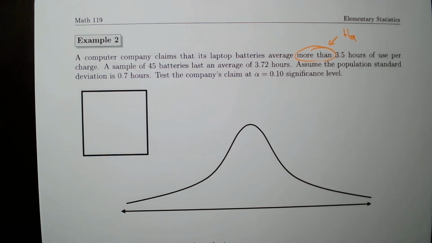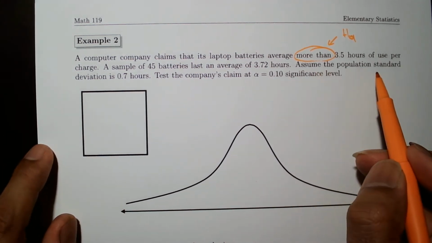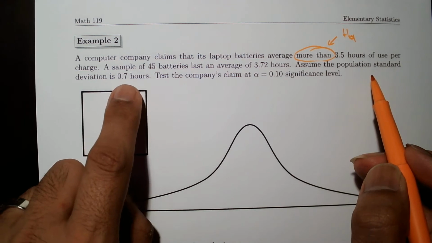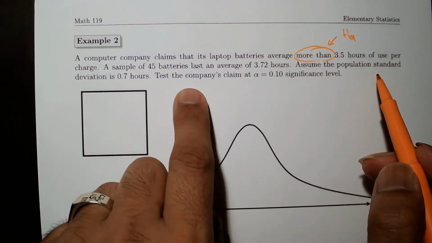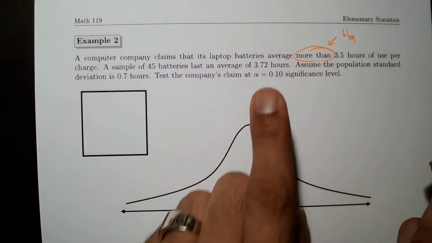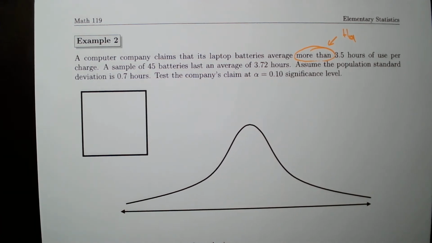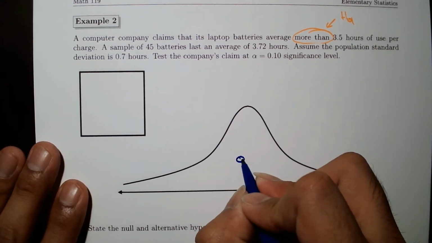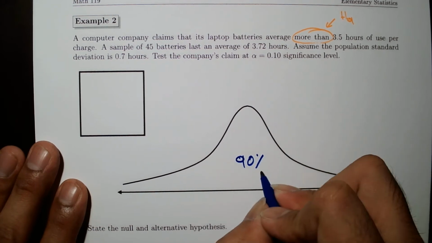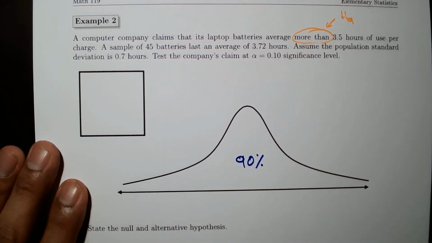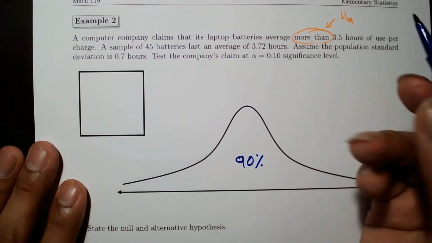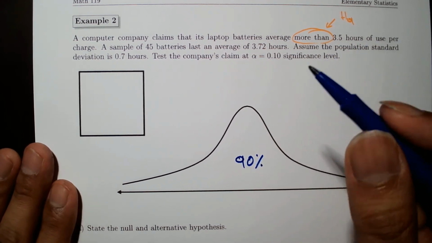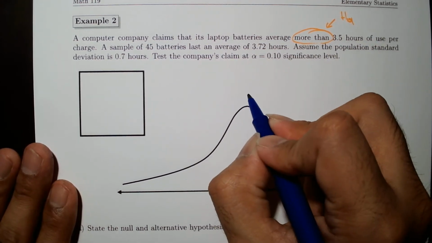Assume that the population standard deviation is 0.7 hours, that's the company's claim, at a 0.1 significance level. That means this is going to be somewhat 90%. It's going to be a less precise test, but still 90%, depending on how strict the quality controls we want to undergo.